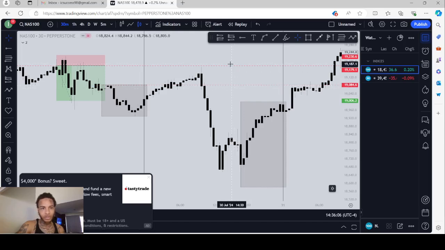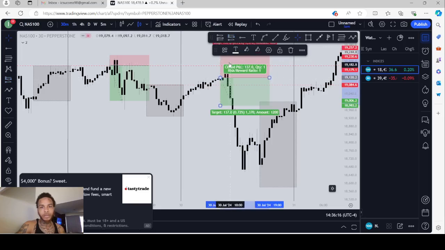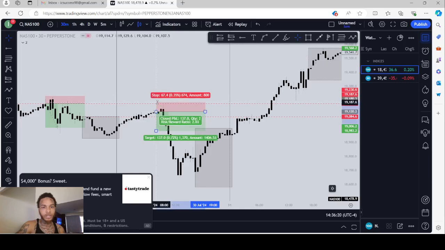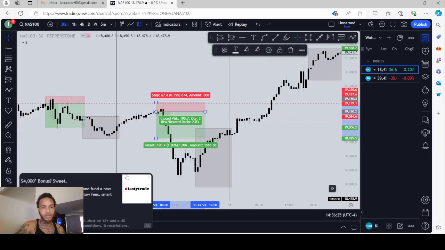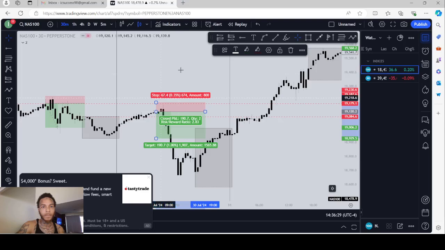Okay, cool. At 9:30, 10 o'clock, boom, 9:30. I would have got in on the bearish engulfing. A bearish engulfing is basically when a candle engulfs the whole other candle. I'm gonna show y'all two examples of a bearish engulfing and a bullish engulfing.